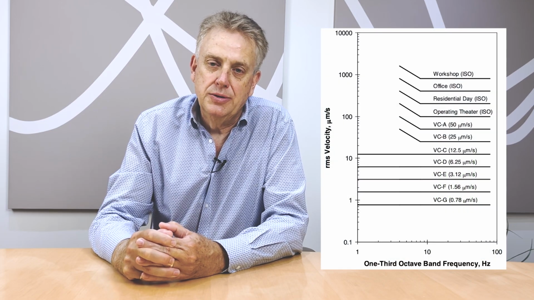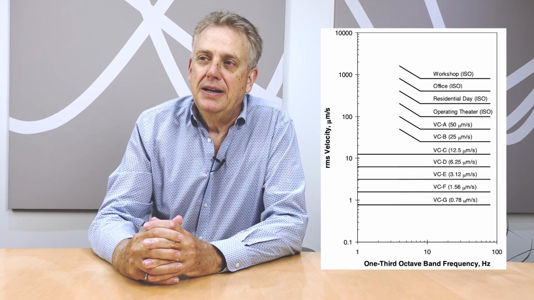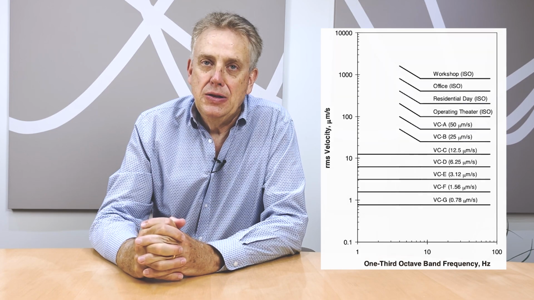Now commonly known as the VC-A, VC-B, all the way up to VC-G limits, which are in practice difficult to achieve. These vibration criteria have now been referenced in ISO standards and in the design guidelines for the Canadian and American Institutes of Steel Construction.